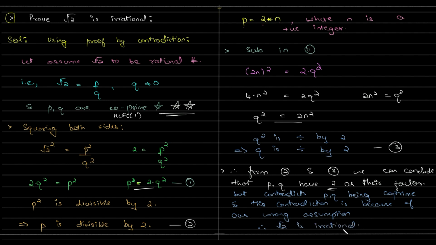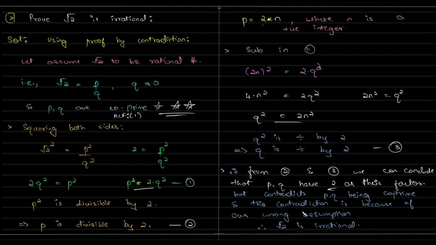Okay, that's how proof by contradiction works. It's a whole lot of writing, a bit of tough math as well. So I'm sure quite a few will find it tough, but it's okay. One good thing is if you have any number over here, root 5, root 10, root 11, the proof remains the same. There's no variation.